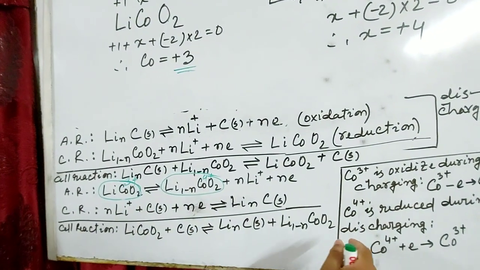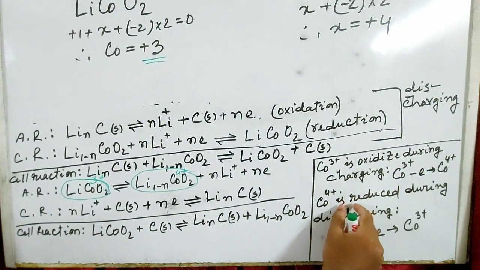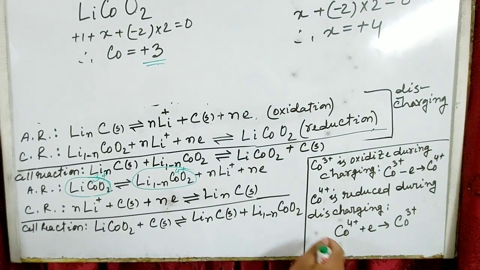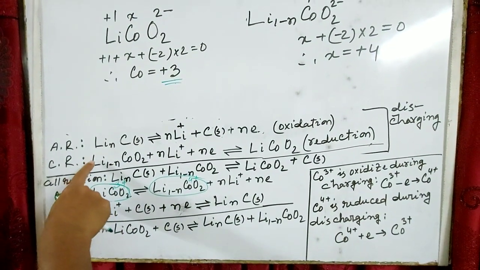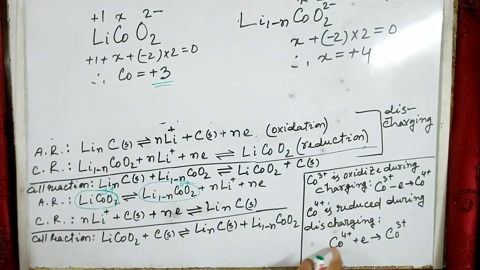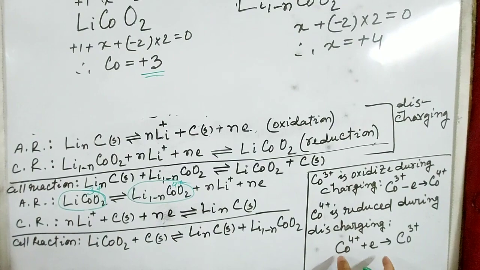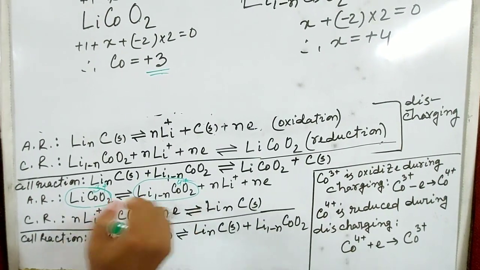Again, cobalt 4 plus is reduced during the discharging. So during the discharging, this is a reduction reaction. Of course, during the discharging, the reaction occurs in the cathode as it is a reduction reaction.